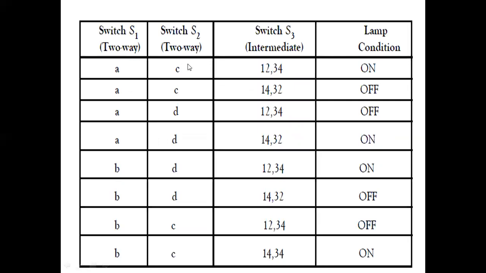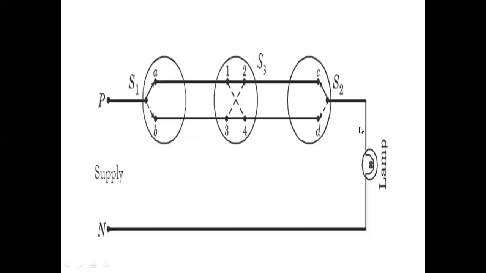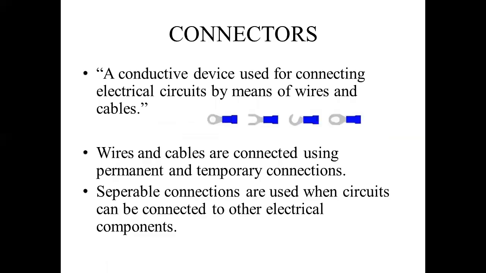S1 is a two-way switch, S2 is a two-way switch, S3 is the intermediate switch. For straight connection 1, 2, 3, 4, for cross connection 1, 4, 3, 2. So this is the lamp condition. I think you have already studied this in the practicals also. And different types of connectors are used. So I will end today's lecture at this point.